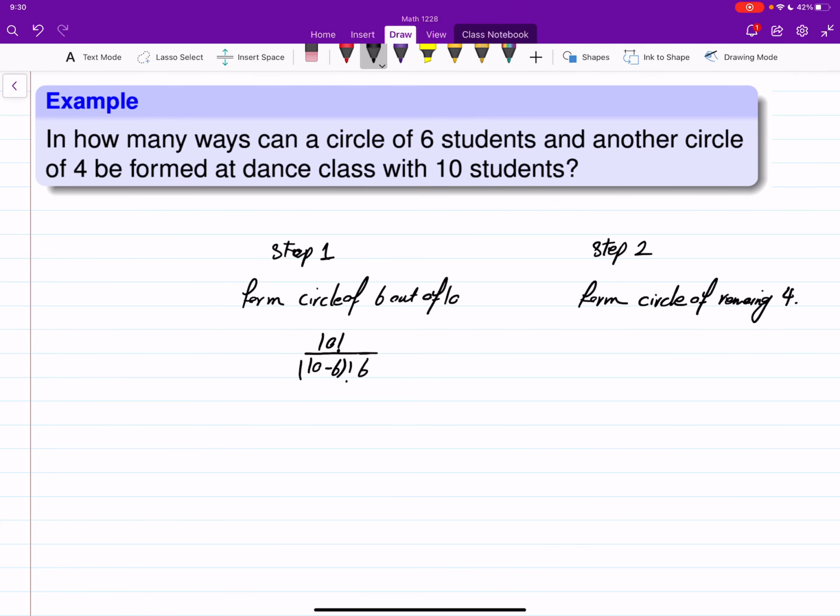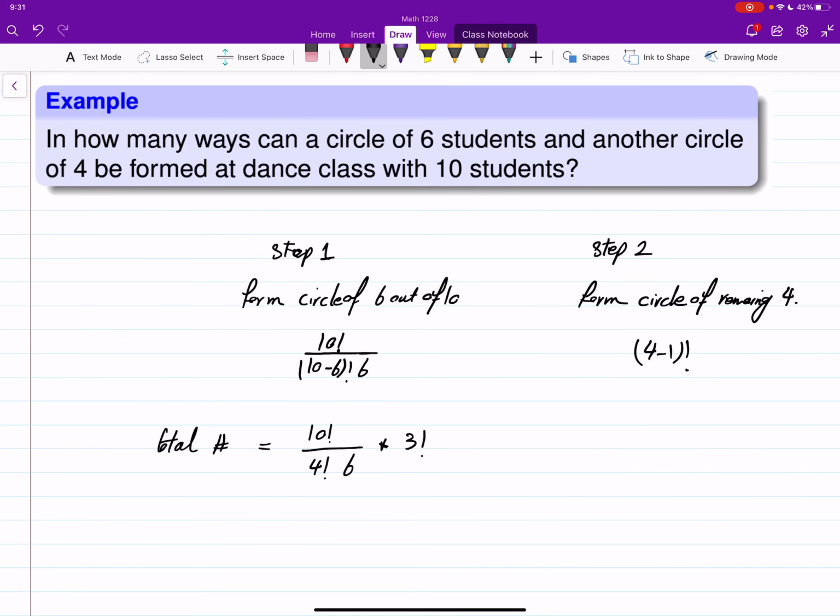How many ways can we do that? 4 minus 1 factorial. So the total number of ways we can do that is 10 factorial over 4 factorial times 6 times 3 factorial.